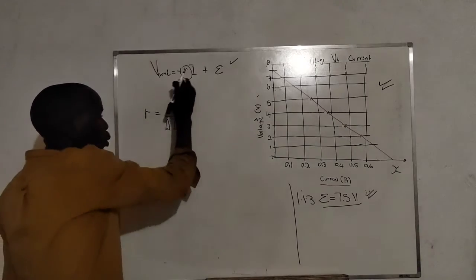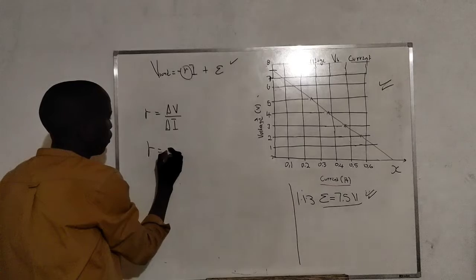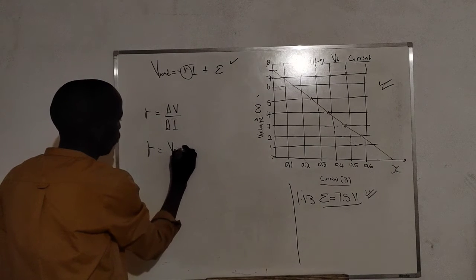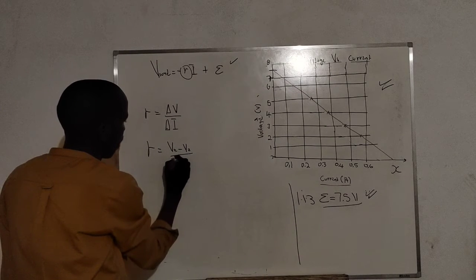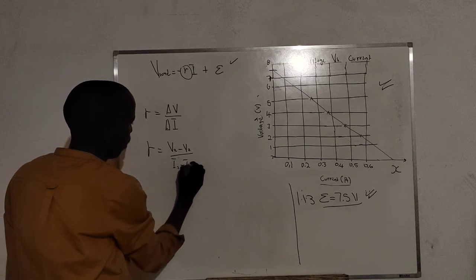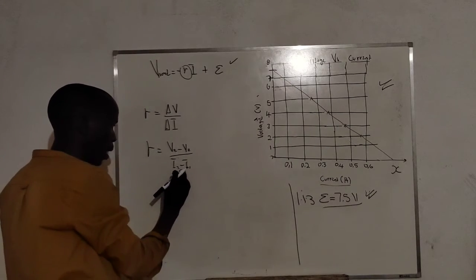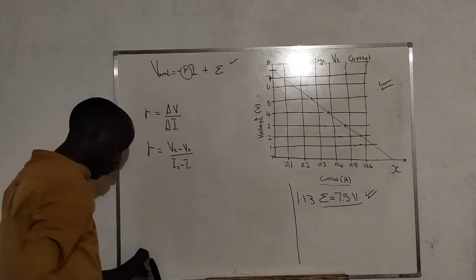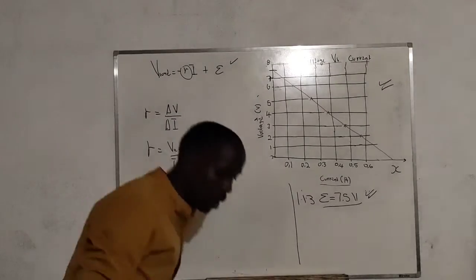So r is given by V2 minus V1 over I2 minus I1.